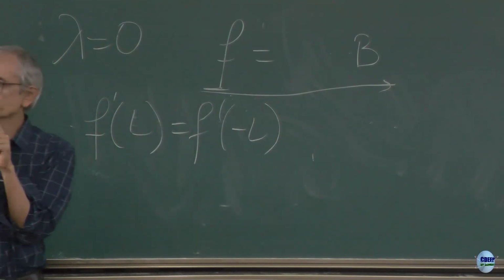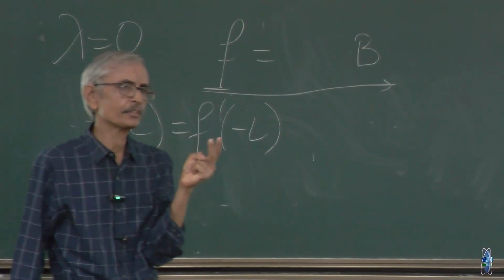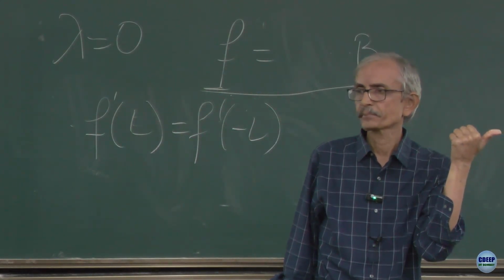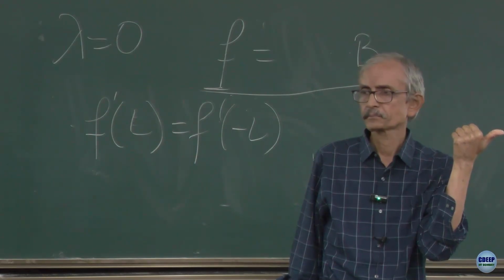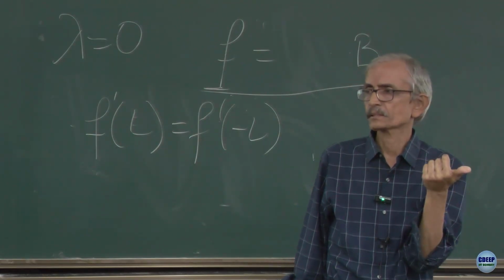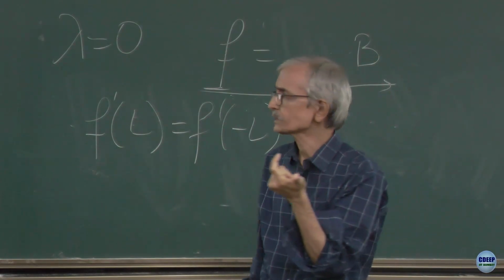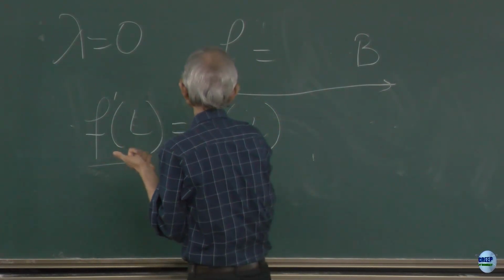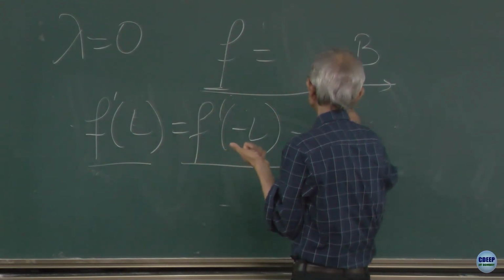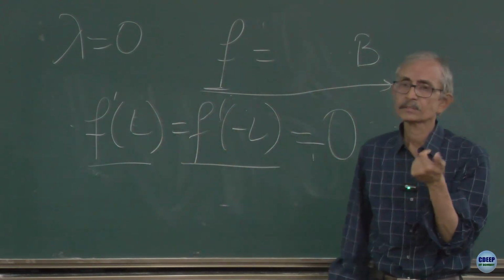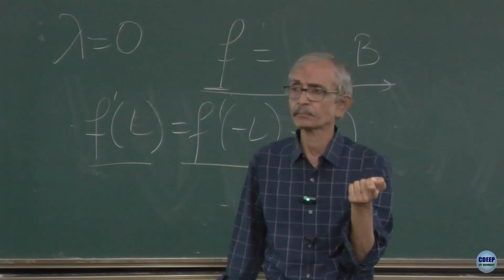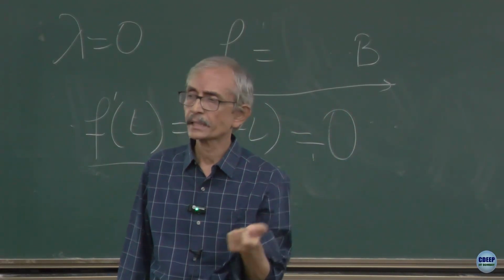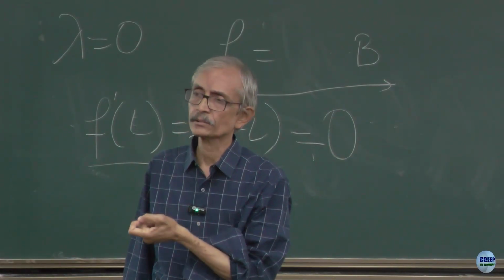So we have used up one condition. Is the second condition getting satisfied? B is a constant. If B is a constant, then f prime on both sides is equal to 0, which means for the first time we are seeing lambda equal to 0 does not end up with a trivial solution.